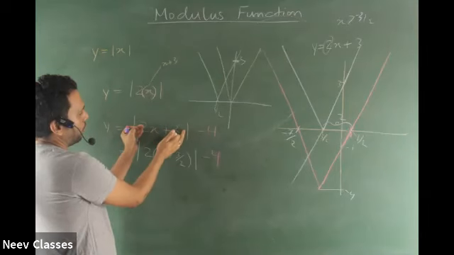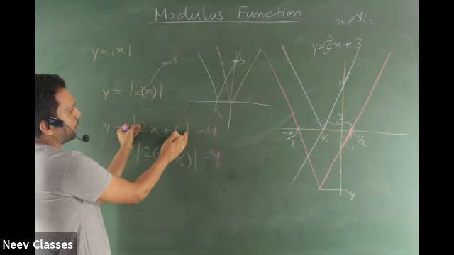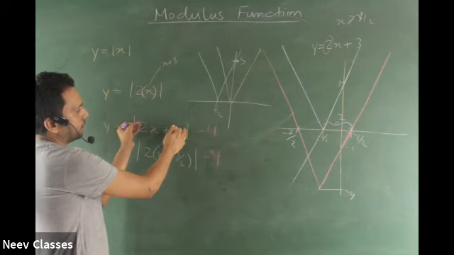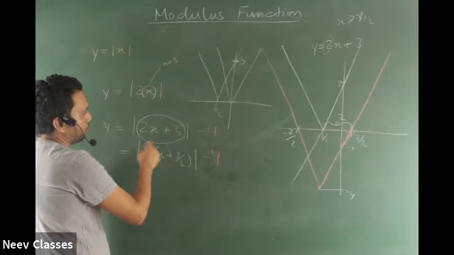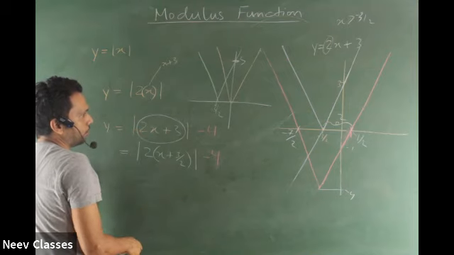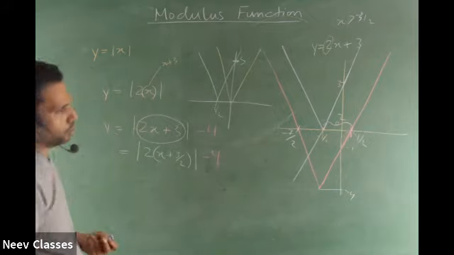When this part is small, like a half or a 0 or a 1 or a 2, then this part is making it negative. When this part becomes more than 4, then this part cannot make it negative. The mod of that becomes more than 4 for values more than a half and values less than -3/2.